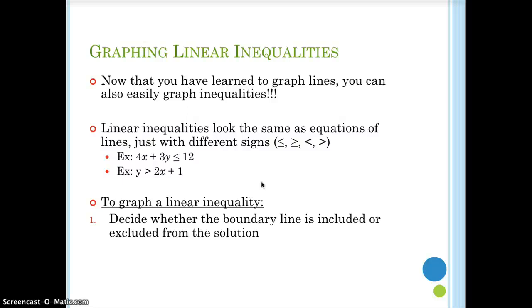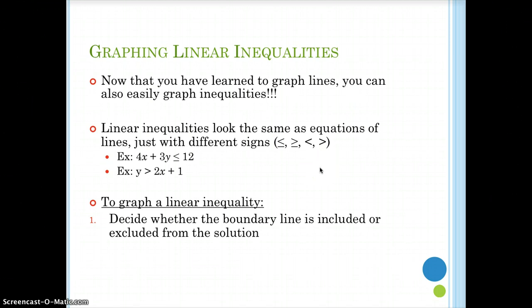And so what that means in terms of the graphing is, are we going to choose a solid line, meaning the same as a closed dot, or a dashed line, which would be the same as an open dot? So for example, if we have these two symbols here, less than or equal to, greater than or equal to, we would choose a solid line. If we're given these two symbols here, less than or greater than, we would choose a dashed line. So the same way we have open dot, closed dot, we have dashed line versus solid line.